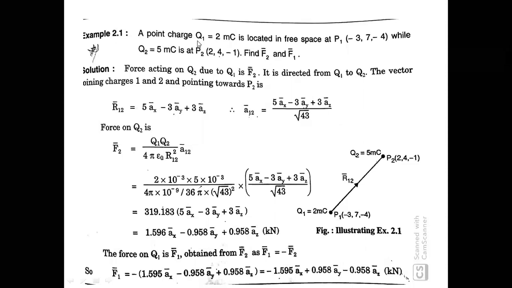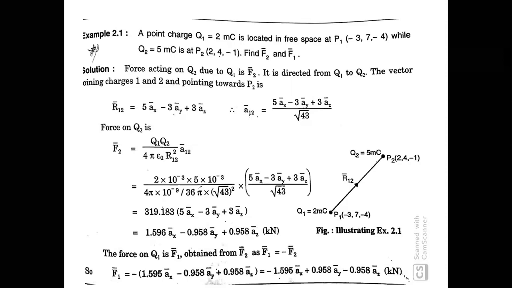Now, what is the given data? We have two charges, Q1 and Q2. Q1 is a charge of 2 millicoulomb and Q2 is a charge of 5 millicoulomb. Q1 is resting at one position in free space, the point P1 whose location is minus 3, 7, minus 4. If no coordinate system is given, by default you assume it is the rectangular or Cartesian coordinate system.